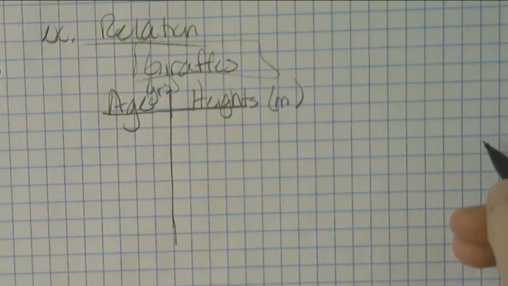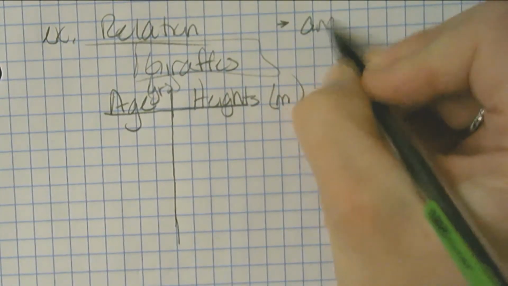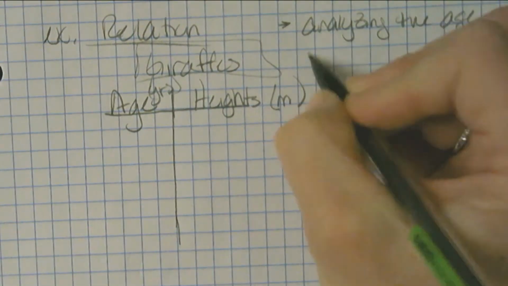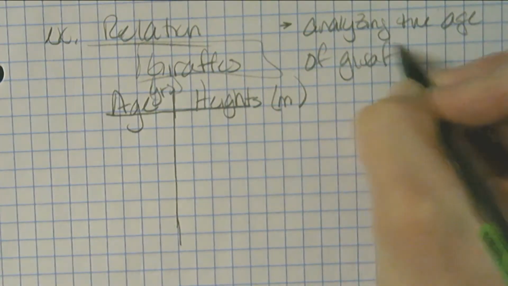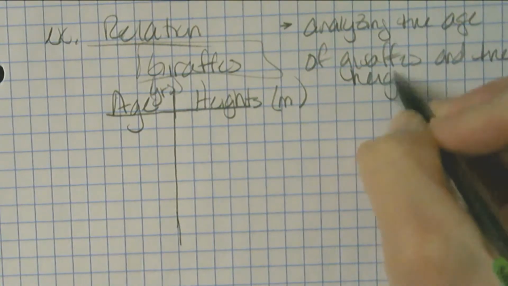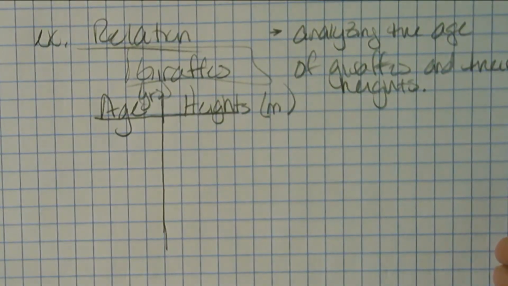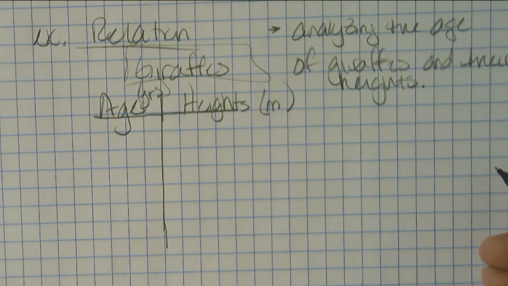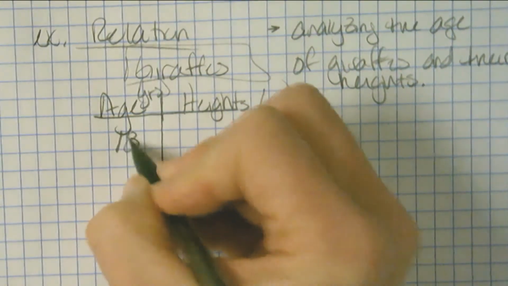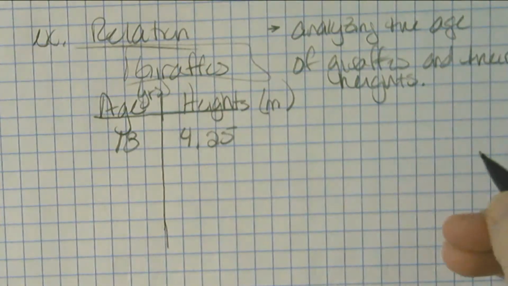So in this relation, we are analyzing the age of giraffes and their heights. That's what this table is analyzing. You're all writing this down. What they found is an 18-year-old giraffe is 4.25 meters.